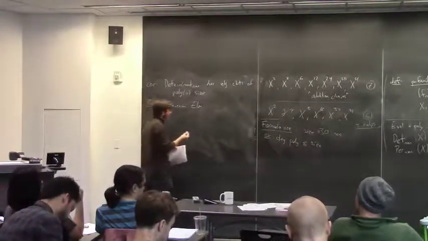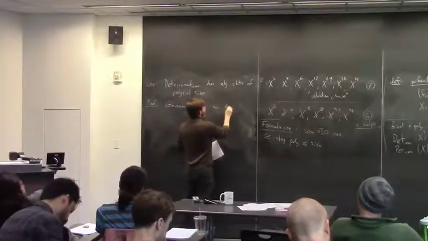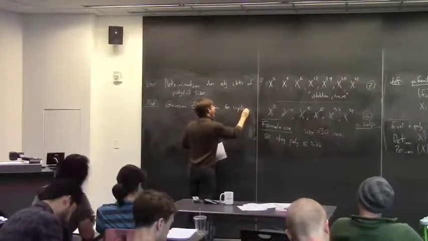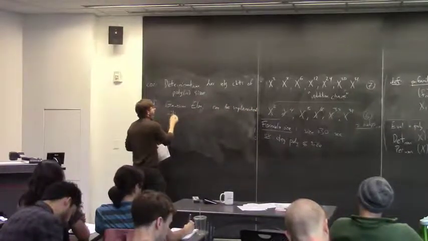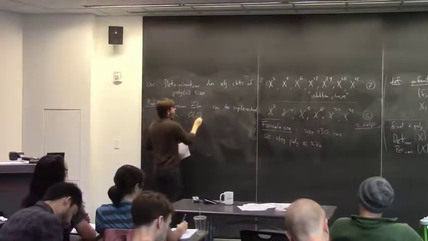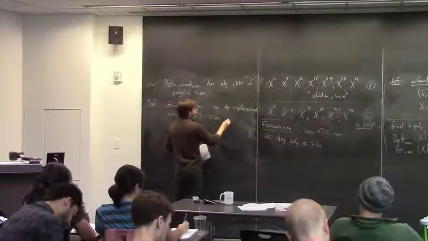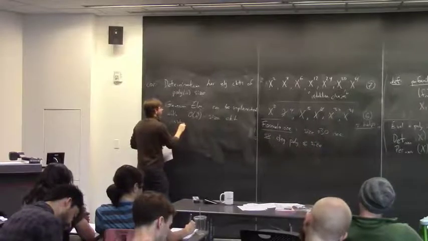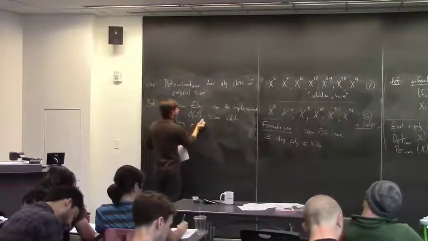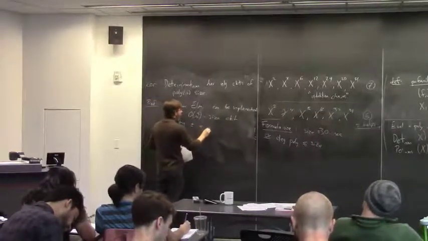But Gaussian elimination can be implemented with an O(n cubed) size algebraic circuit using plus, minus, times and division.